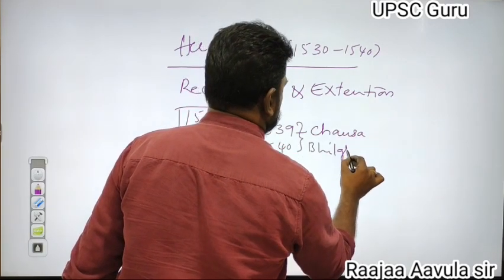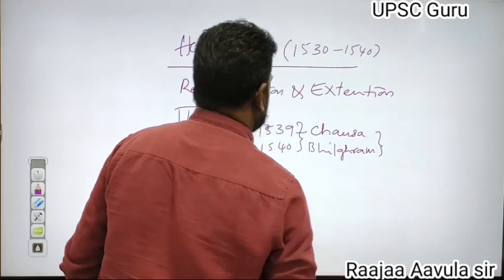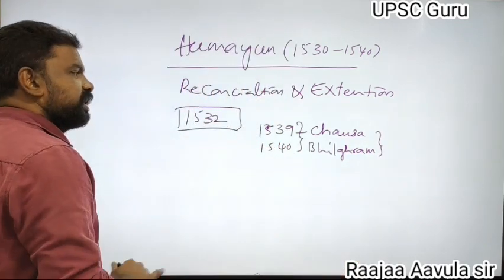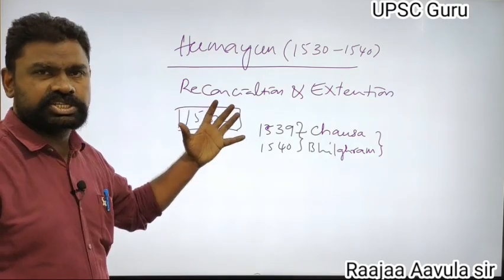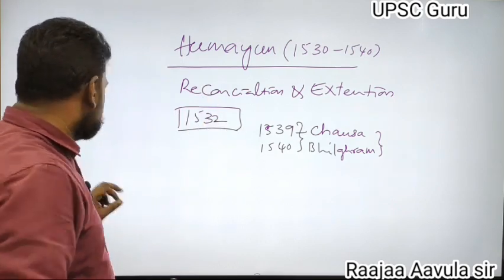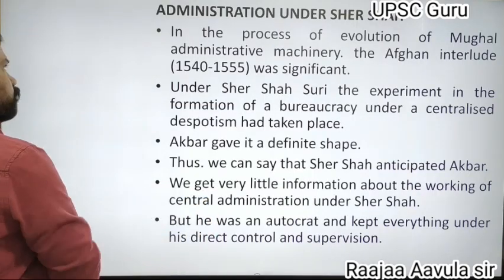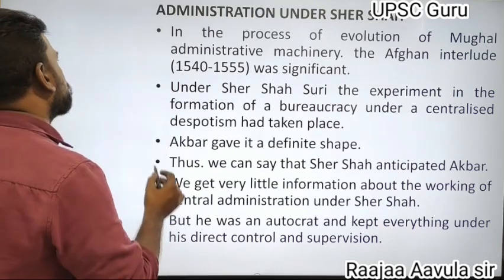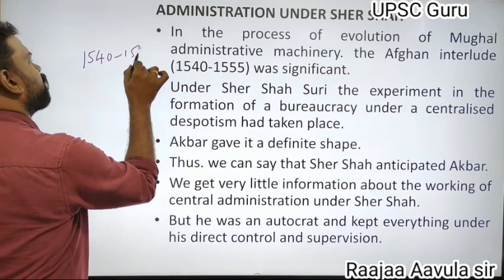With these two wars, Humayun was completely defeated by Sher Khan, later called Sher Shah. So Humayun left India. Sher Shah started his rule, only from 1540 to 1545.